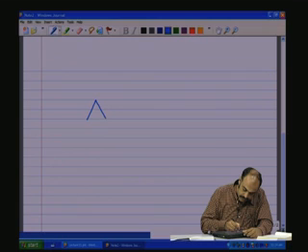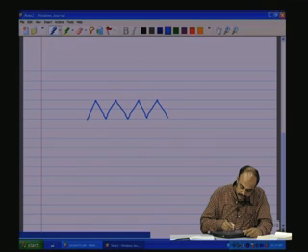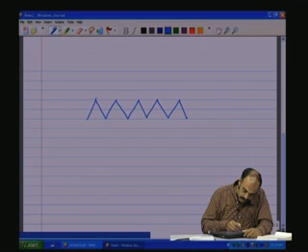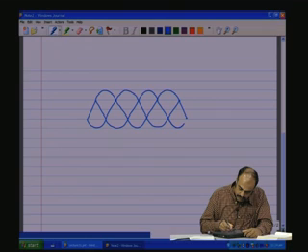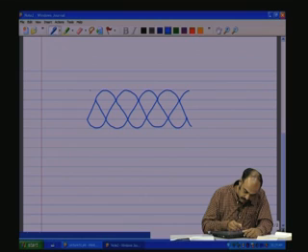Let us say you just make a set of up and down triangle waveforms like this, and then you connect the tops by curves like this, and then the bottom portions of the triangles also are connected in this manner neatly and smoothly, and that will result in a nice neat waveform.